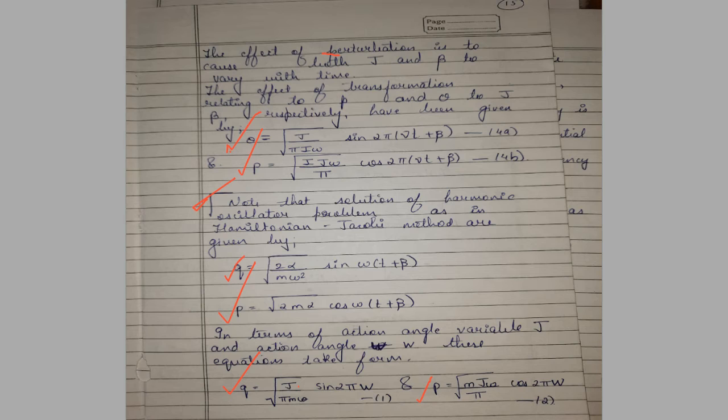So basically in this term we have finally Q and P, where we have J. Q is equal to the square root of J upon pi m omega, times sine 2 pi w. See, this w is different, and this is omega. You should not get confused between the two quantities. In the bracket I have taken omega, and this is w. w is nothing but nu t plus beta.